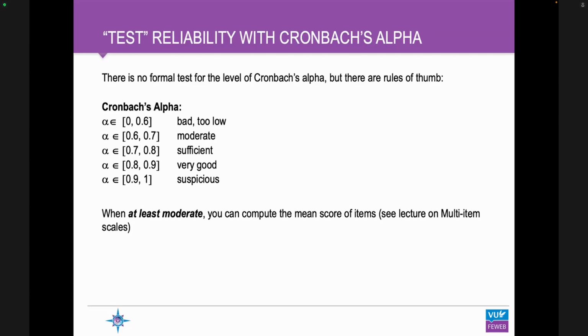In that case, it means either your items are not working very well, or you can actually use a single item to measure the underlying construct. If people always give the same answers, you're asking the same question, and these questions are not different enough for you to establish a reliable measure.